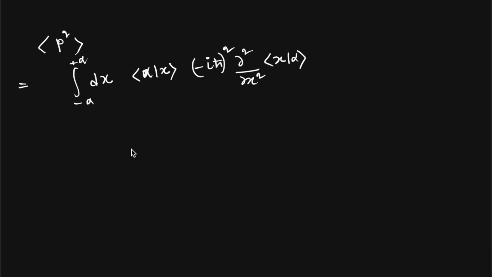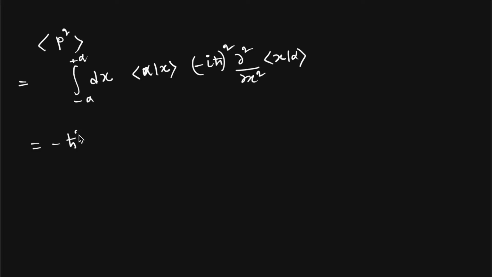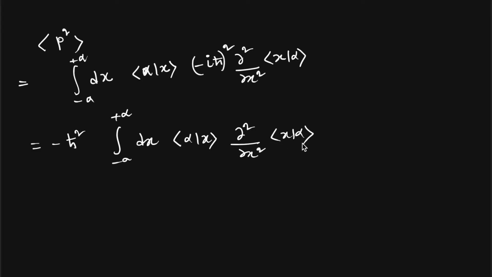Now let us calculate this term. This will be minus h cut square integral dx <alpha|x> del 2 by del x2 of <x|alpha>.